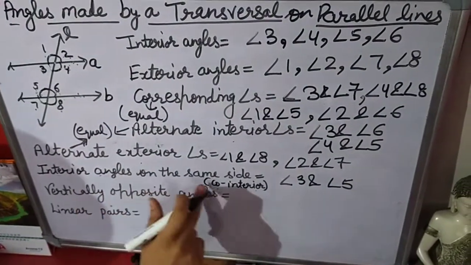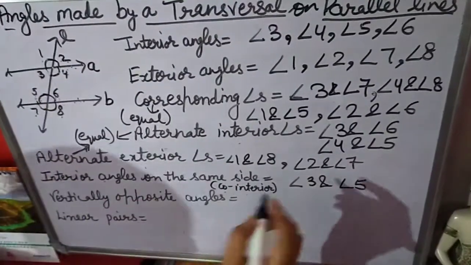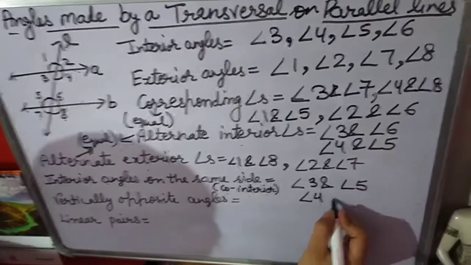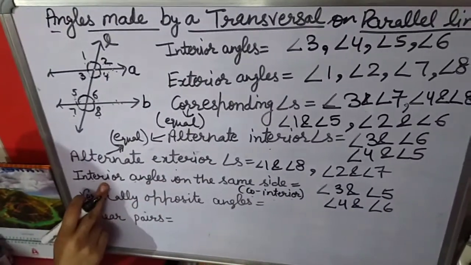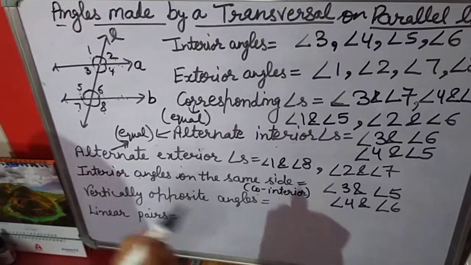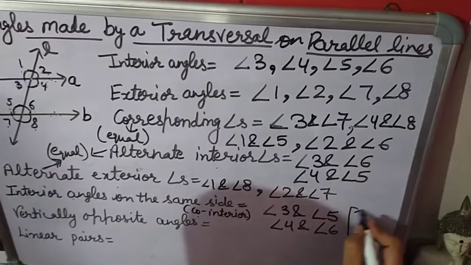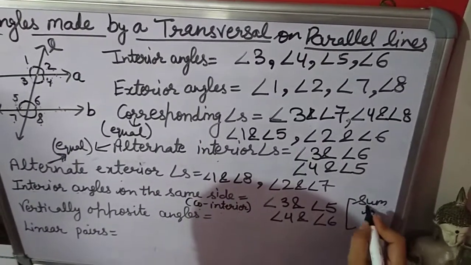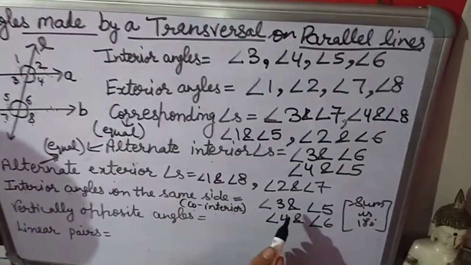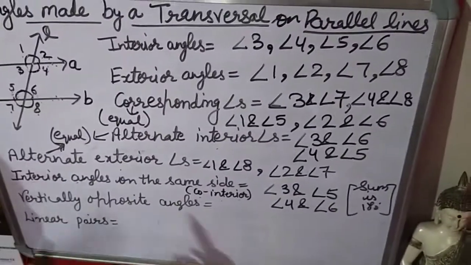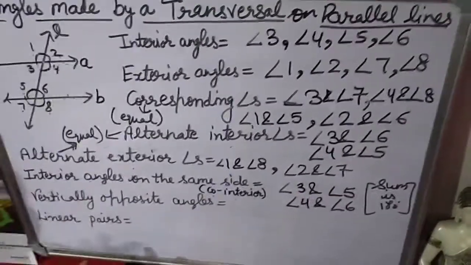The next pair is 4 and 6, also co-interior angles. And what is the property of co-interior angles? Their sum should be 180 degrees. I am writing here, sum is 180 degrees in co-interior angles. It means angle 3 plus angle 5 is equal to 180 and angle 4 plus angle 6 is equal to 180.